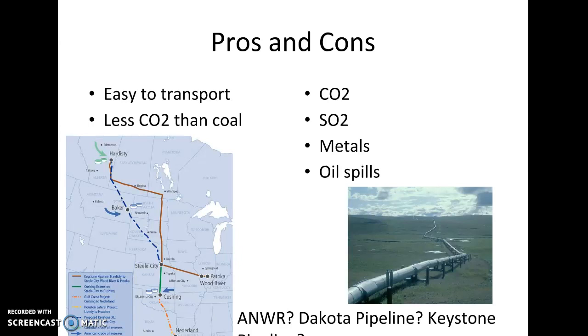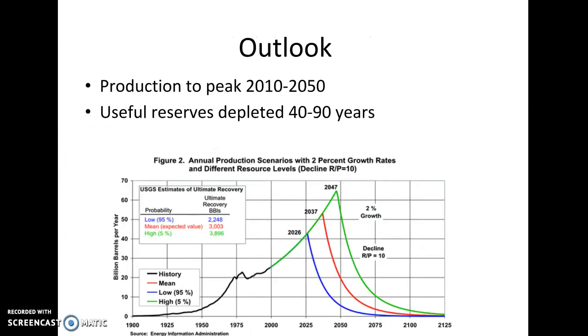Those are all tapping into that oil sands reserve up in Canada, and having ways to be able to export oil from Canada to our refineries. So when you see those pipelines, it is the crude oil typically that's going through there. And that can be dangerous, and it can go through some sensitive areas and spring leaks.